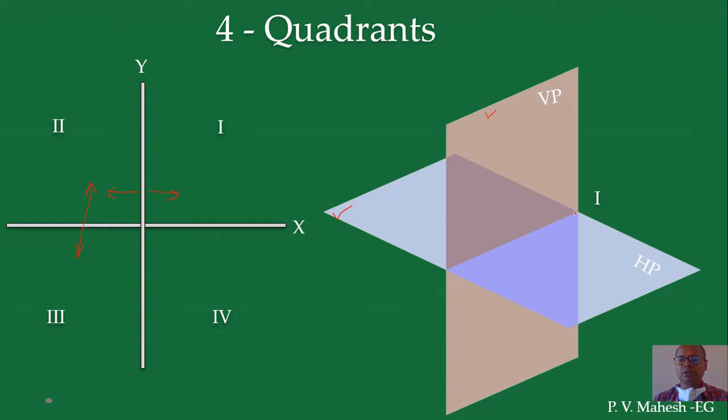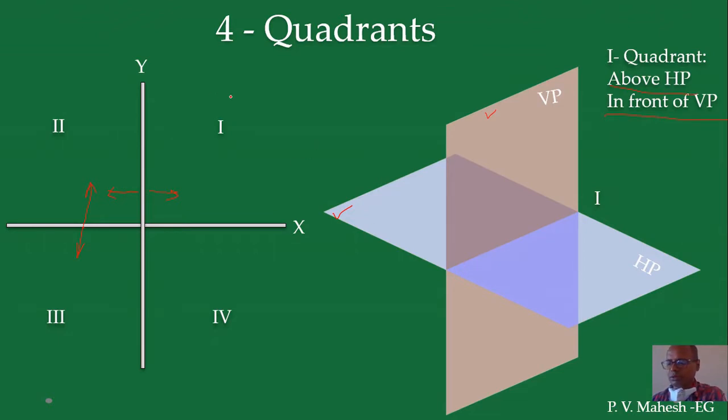What is this first quadrant? It is above HP and in front of VP. So this is above the horizontal plane and in front of the vertical plane. This region or space is called the first quadrant.